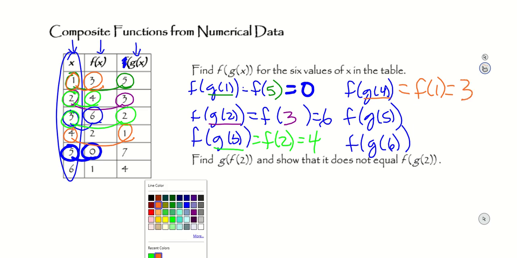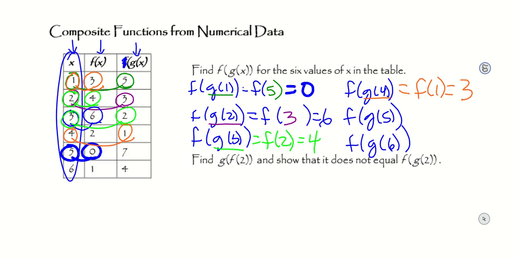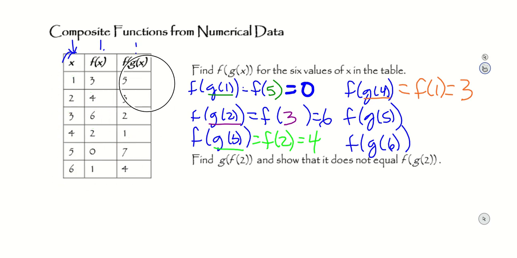Finding f of g of 5. Let's come in here and we'll erase this so we can see what's happening. So to find f of g of 5, we're going to start with 5. Right? Find what g gives us. So this is f of 7.